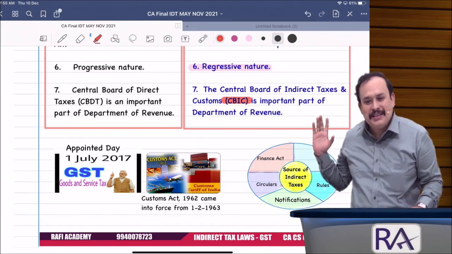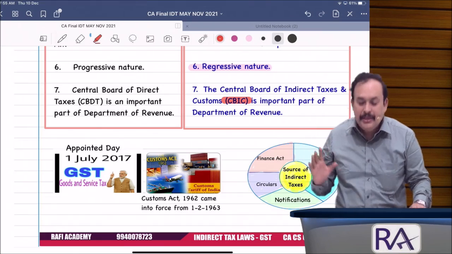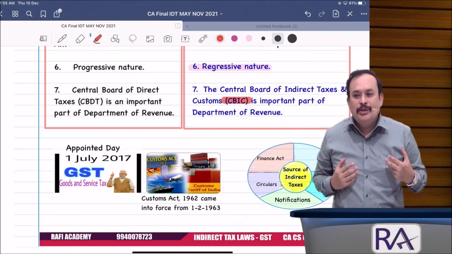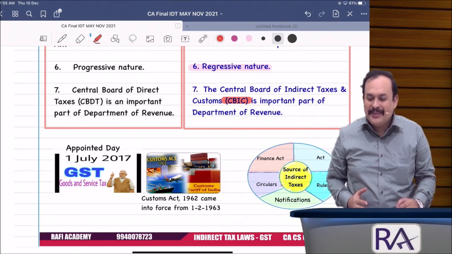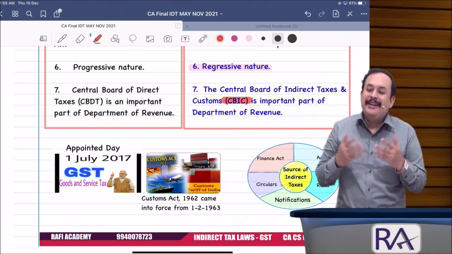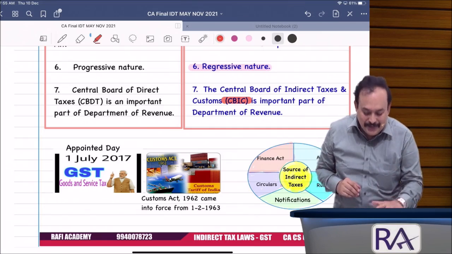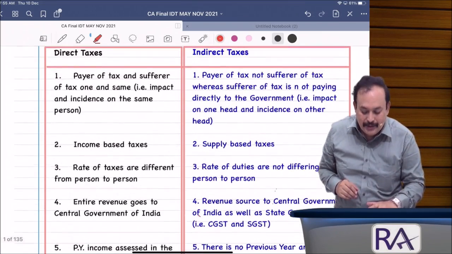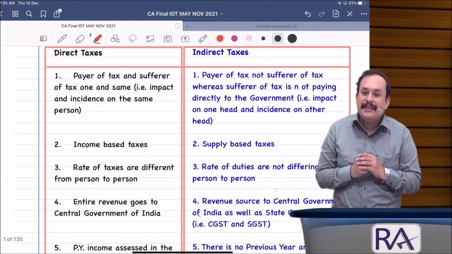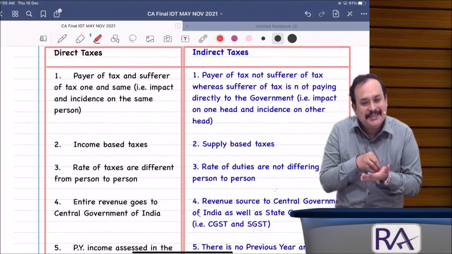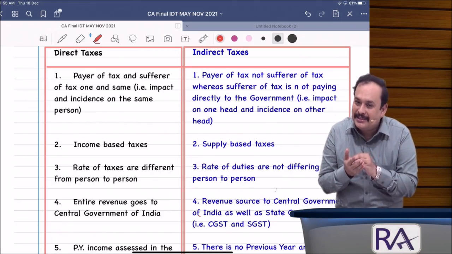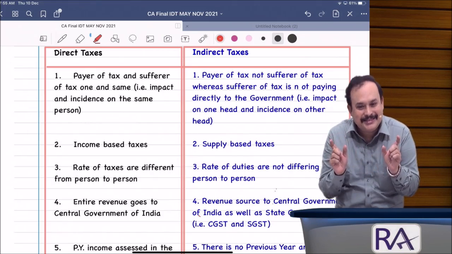Any difficulty in the given case, my dear? So, if anybody asks me, hey mister, tell me what are your indirect taxes, I will simply say that my indirect taxes are as follows. From the beginning I will say, in the case of indirect taxes, the impact of tax and incidence of tax fall on different persons.